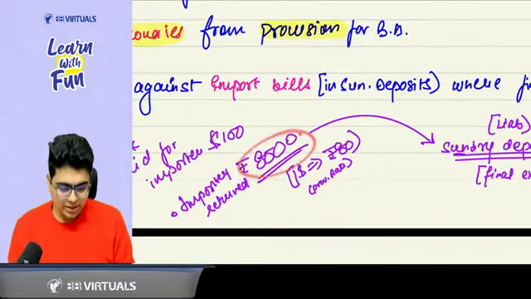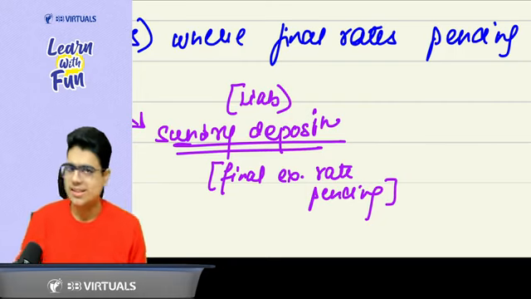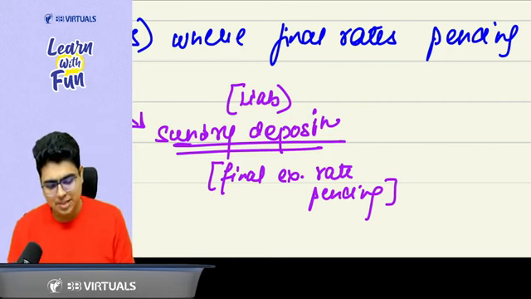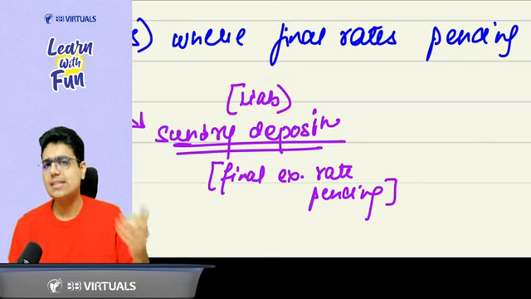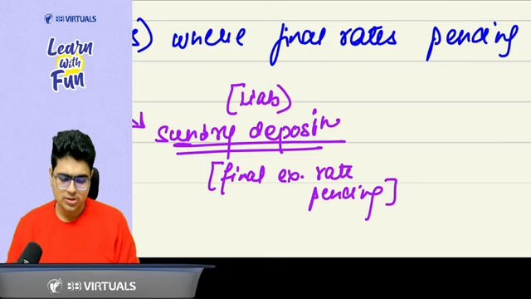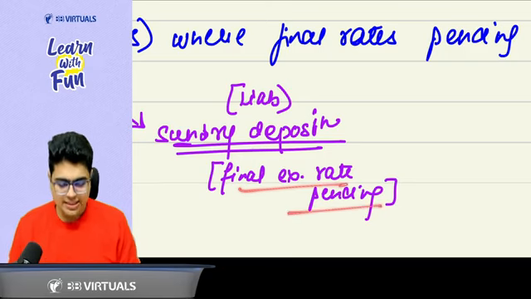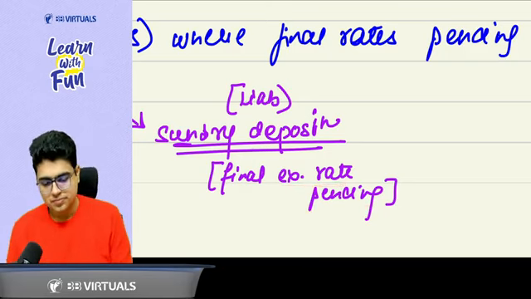So this 8,000 that the bank has got now, it will keep in the form of sundry deposit, yes, that is also a liability. And why have they kept it in a sundry deposit? Because the final exchange rate is pending. Now tell me one thing.